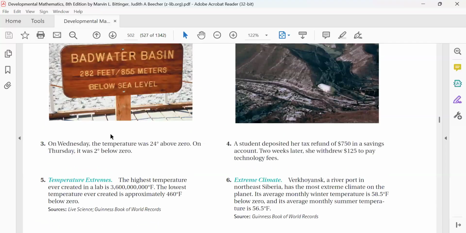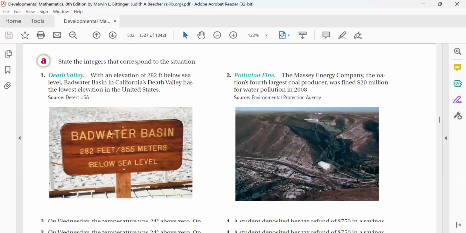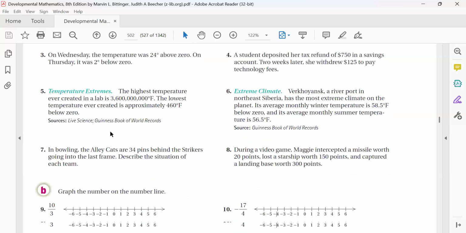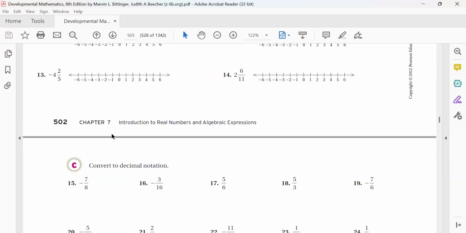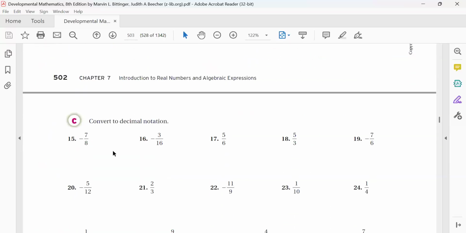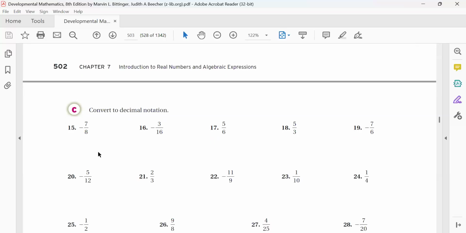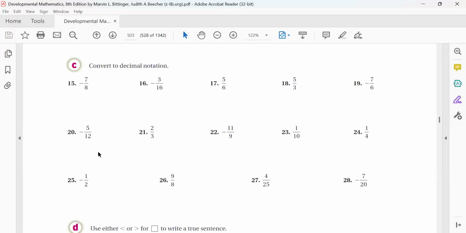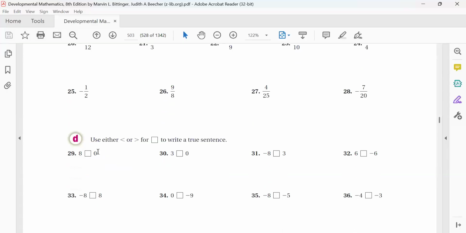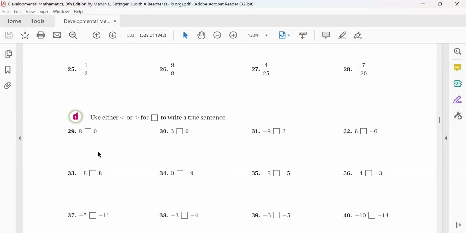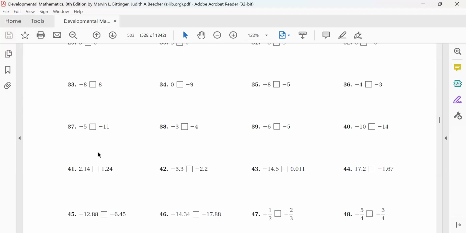The word problem in the beginning, in part A, I don't think there is a question which is very important there. We can go to part C. In part C, page 503, you can take only the odd numbers of the questions. And in part D also, you put the sign bigger or smaller in here.